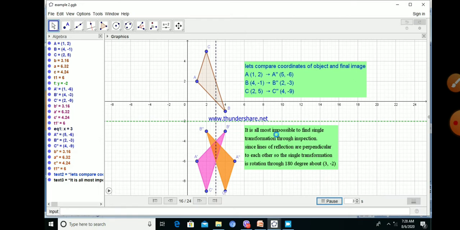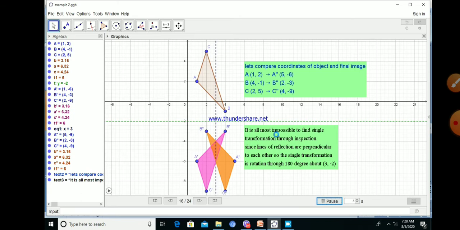If we need to compare the coordinates between the object and the final images, I mean comparing A with A double dash, B with B double dash, and C with C double dash, it is very difficult, almost not possible to explore what the actual rule is here.